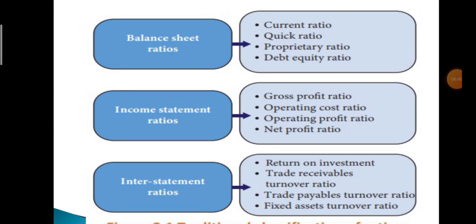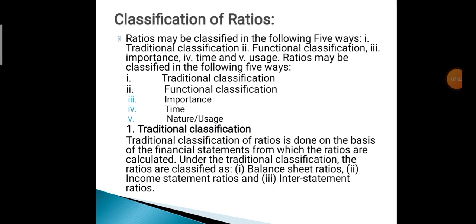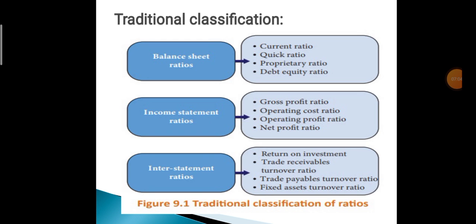Coming to the mixed ratios, that is interstatement ratios, they are return on investment, trade receivables turnover ratio, trade payables turnover ratio, fixed assets turnover ratio. So these are the classification according to the traditional method.